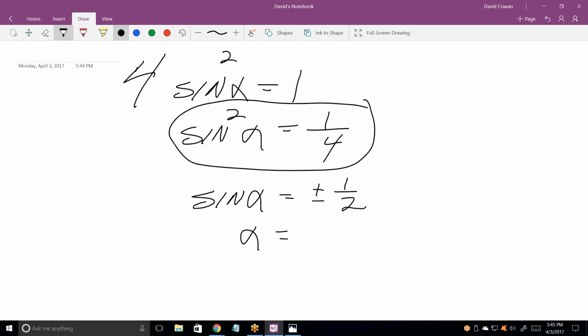What's the first one? Where's the sine equal to plus 1/2? Isn't that going to be pi over 6? Where else? That's first quadrant. 5 pi over 6? That's second quadrant. Now how about where is it equal to minus 1/2? 7 pi over 6 and 11 pi over 6.